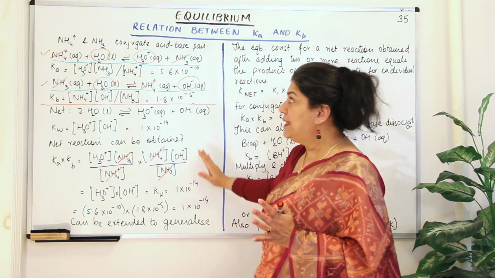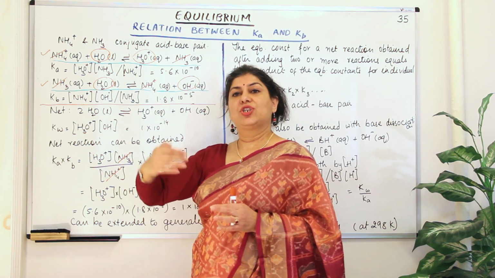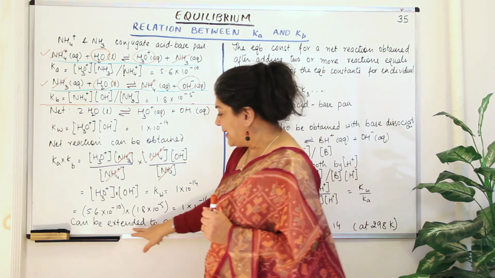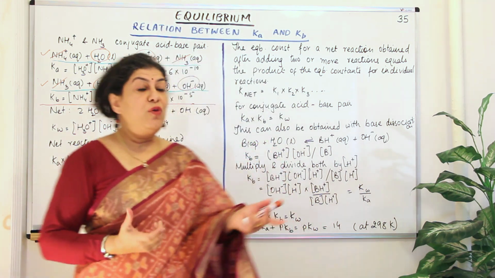Now, not limiting it just to the acid-base conjugate pairs, let us take some reactions which are consecutive reactions in many steps. This concept can be extended, and you can generalize it. And how would you generalize it?